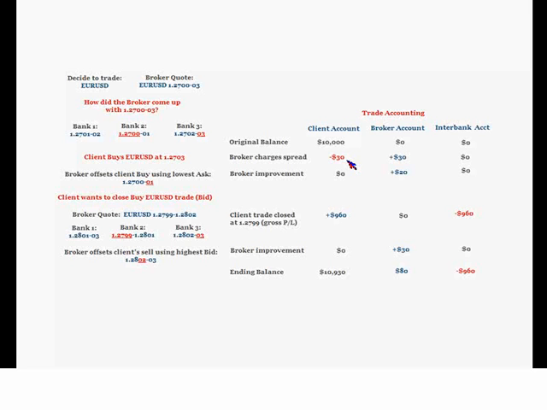Now, let's say time goes on and the trade moves on your side. So now you want to get out of the trade. You're in the money. So now you see a quote of 127.99 to 128.02. You see again the broker is looking at an improved price than what he's showing you.